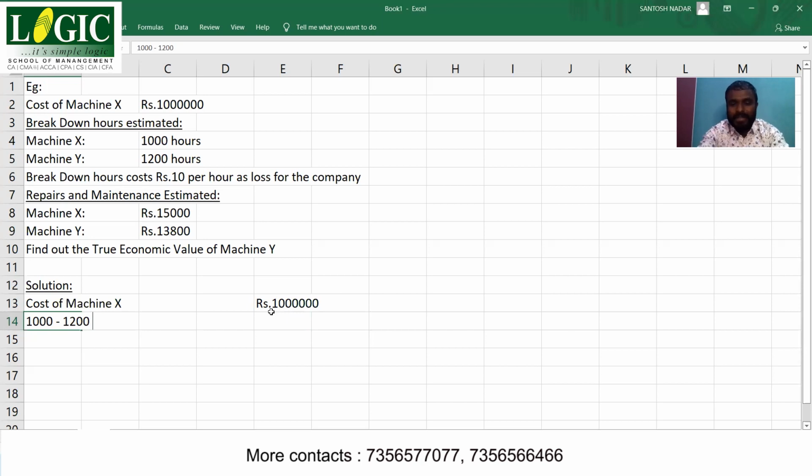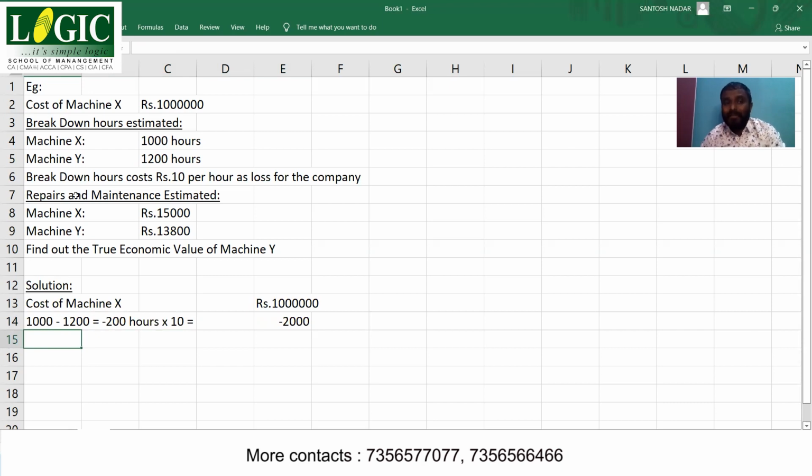So we are expecting 200 hours more machine breakdown as compared to X, and each hour will cost you 10 rupees. That means the customer is going to suffer a loss of rupees 2000 if he purchases my machine. So I will deduct that much amount from my machine cost.